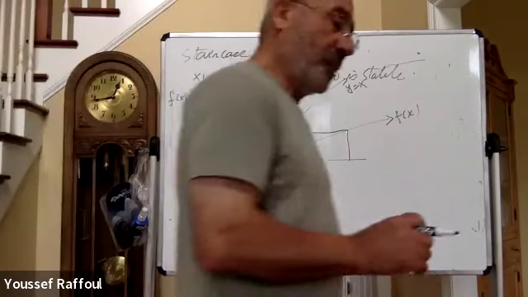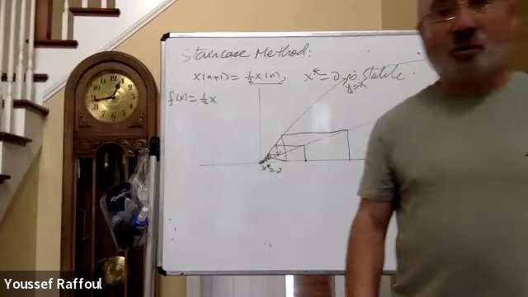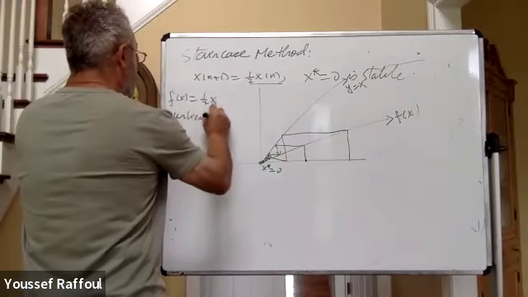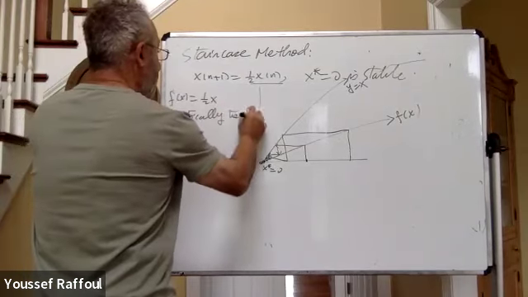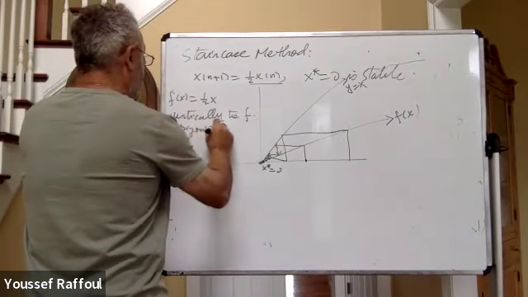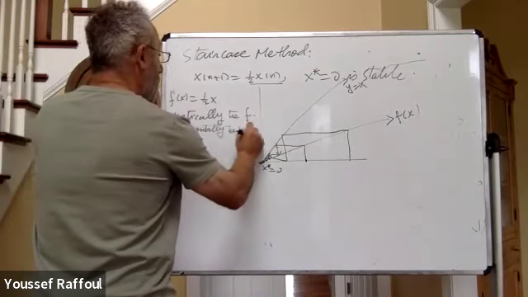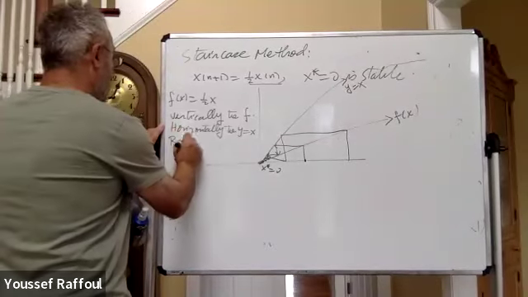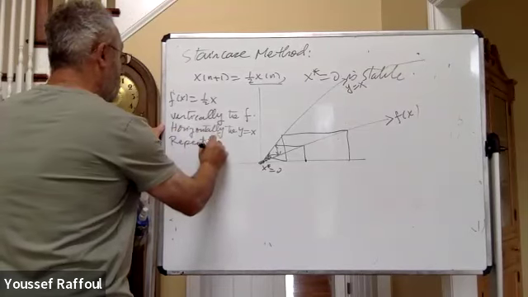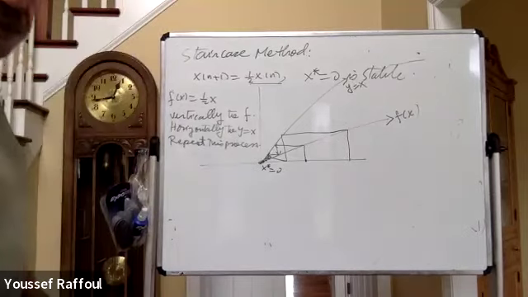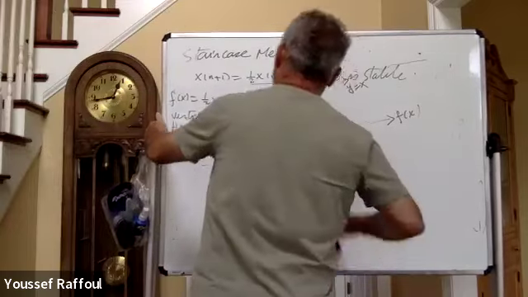So at your first point, you go vertically to f, then horizontally to y equal x, and repeat this process. You will repeat it.